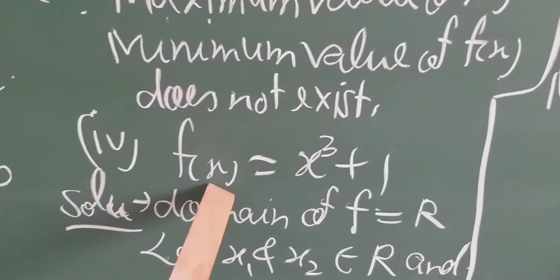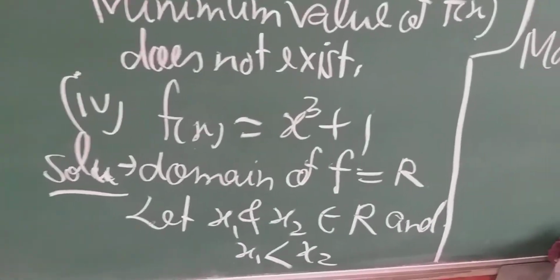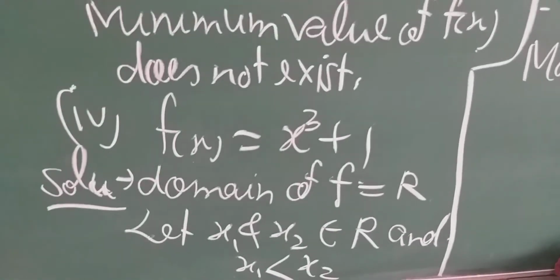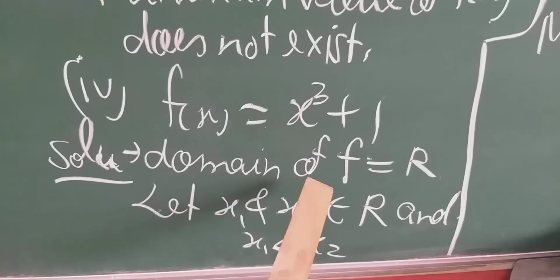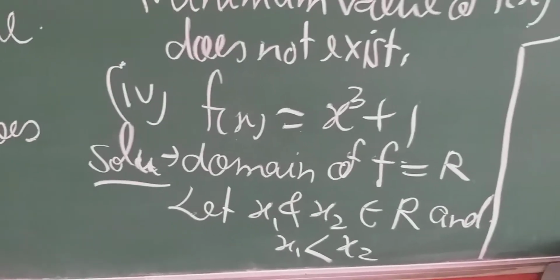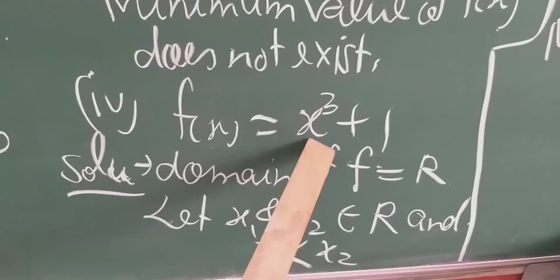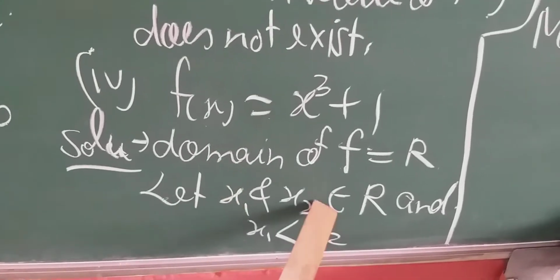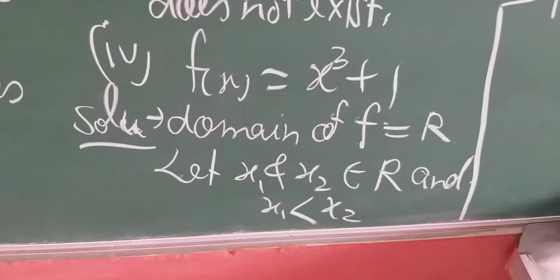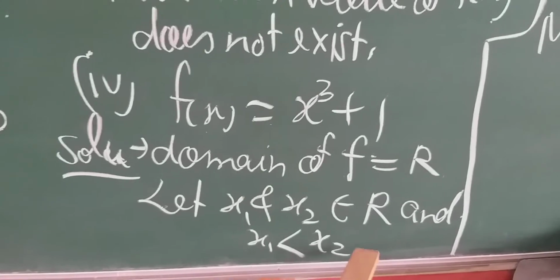Fourth part, f(x) equal to x³ + 1. So without a derivative we can easily solve it. Domain of f equals R, because we can put any value of R here, x here. Let two values x1 and x2 belong to R, so x1 less than x2.